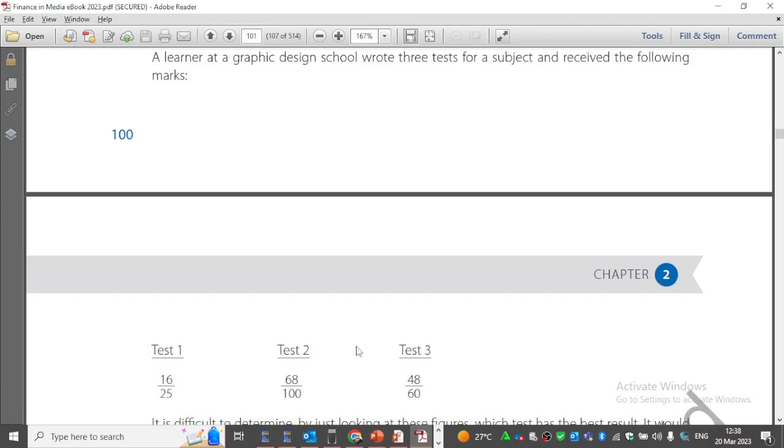For example, test 1 was out of 25, so we calculate the percentage to see how much the student achieved out of 100 from this test, and then we apply the same to test 2 and test 3. Since we will then have the same base, which is out of 100, we can compare all the tests.